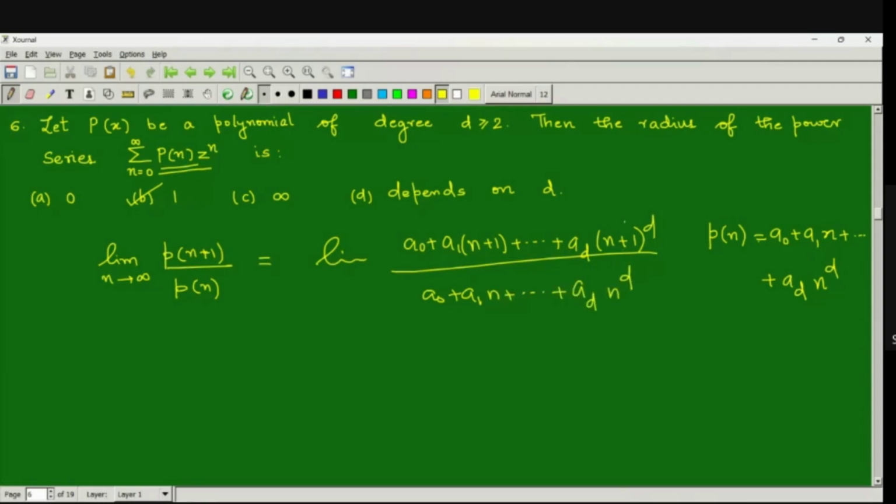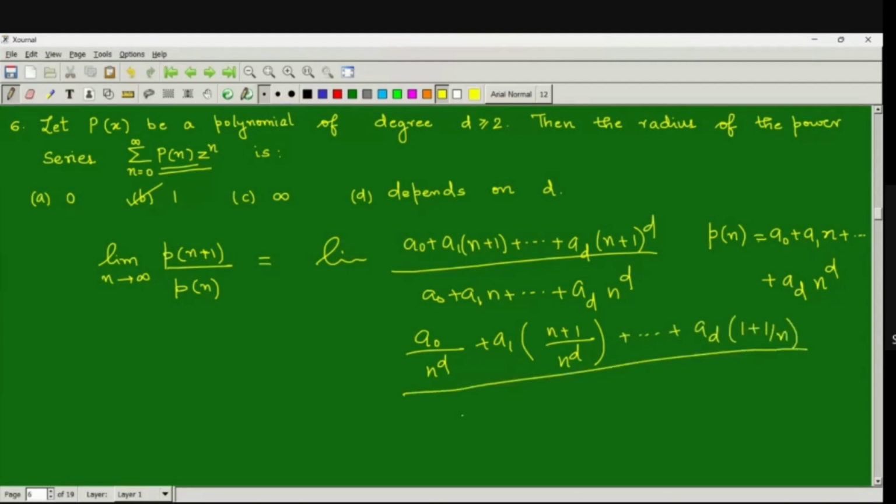The biggest power is n power d. Dividing by n power d, we get a naught by n power d, a1 into (n plus 1) by n power d, ad into (1 plus 1 by n) power d, and the denominator is again similar.